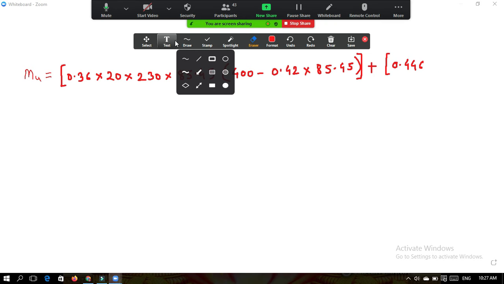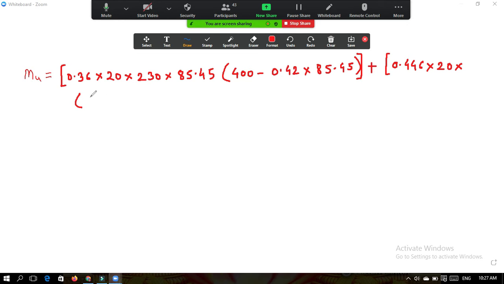So 0.446 into 20 into BF minus BW. Okay, so I will write over here BF minus BW is 1400 minus 230, BF minus BW into YF.